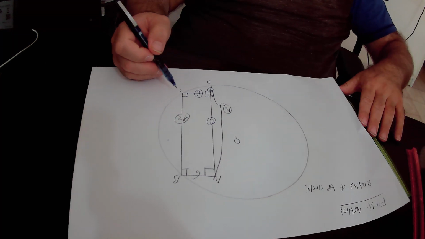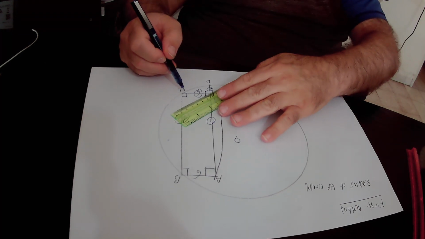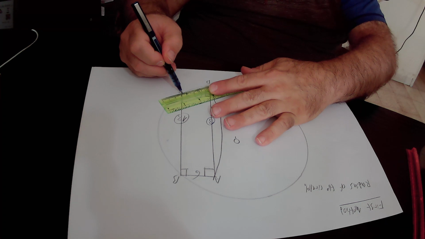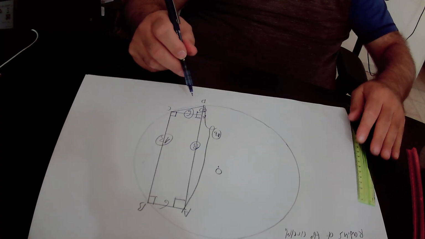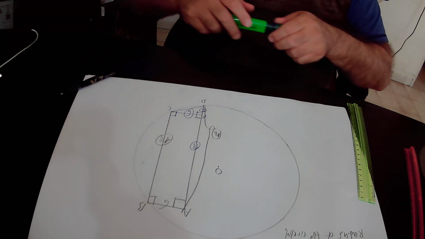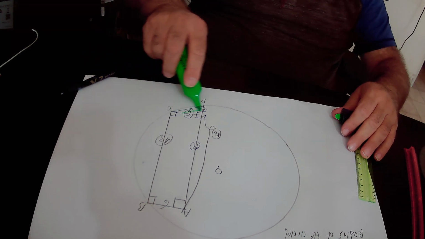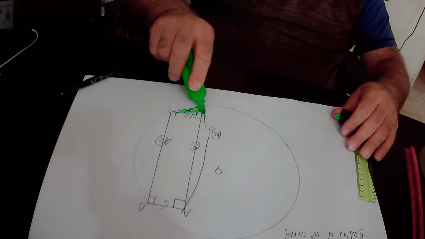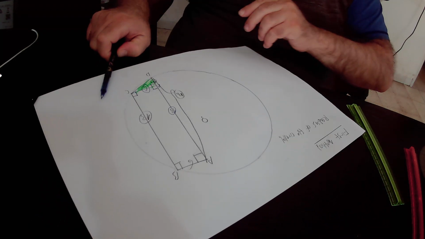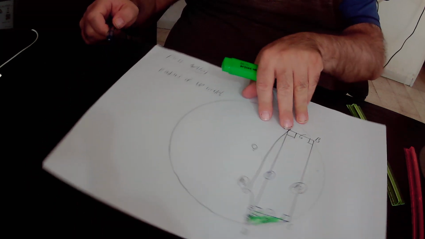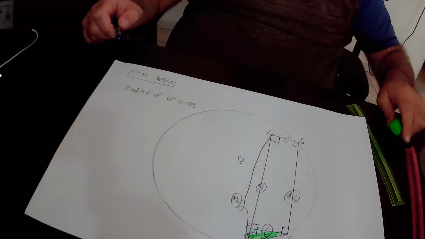In the next step, we will join points D and C together by a straight line. By joining points D and C, we created the green small triangle EDC. In the next step, we will implement the Pythagoras theorem on the green small triangle EDC.